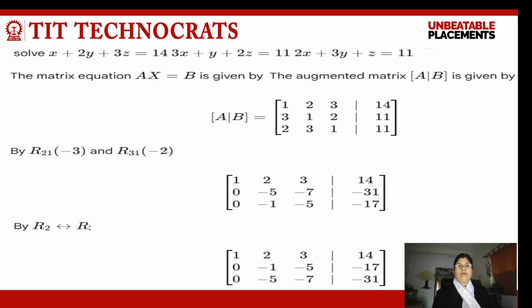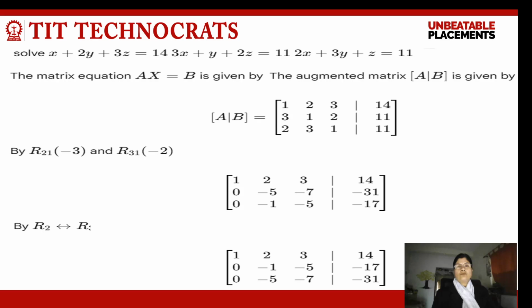So now we discuss one problem: solve x plus 2y plus 3z is equal to 14, and 3x plus y plus 2z is equal to 11, and 2x plus 3y plus z is equal to 11. We know the matrix equation is AX is equal to B. Here A is the coefficient matrix, X is the unknown matrix, and B is the constant matrix.